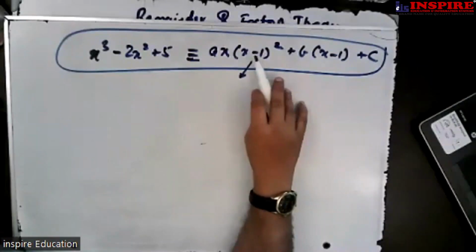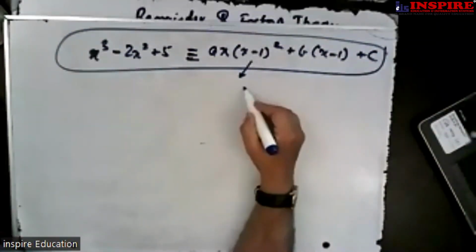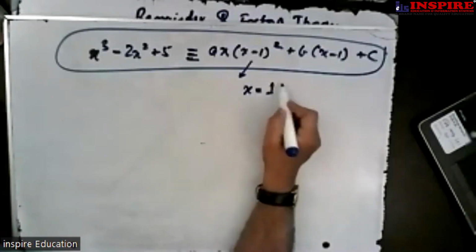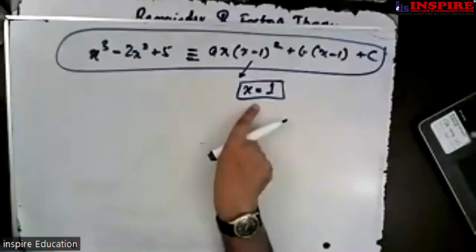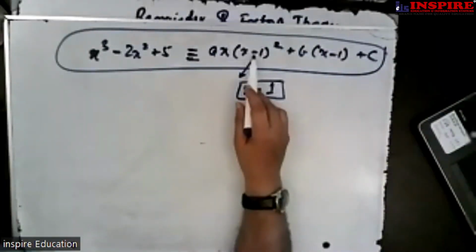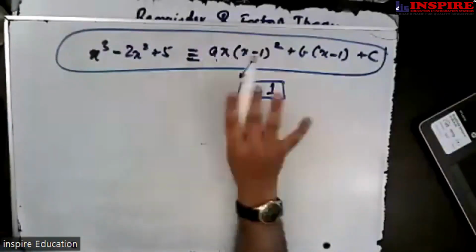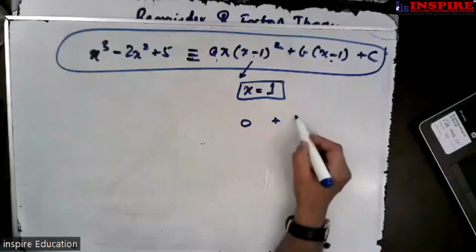Let's take, for instance, if I plug in the value x equal to 1. Why would I take x equal to 1 here? Because x minus 1 will then become 0. 0 into anything is 0. This also becomes 0. B becomes 0.